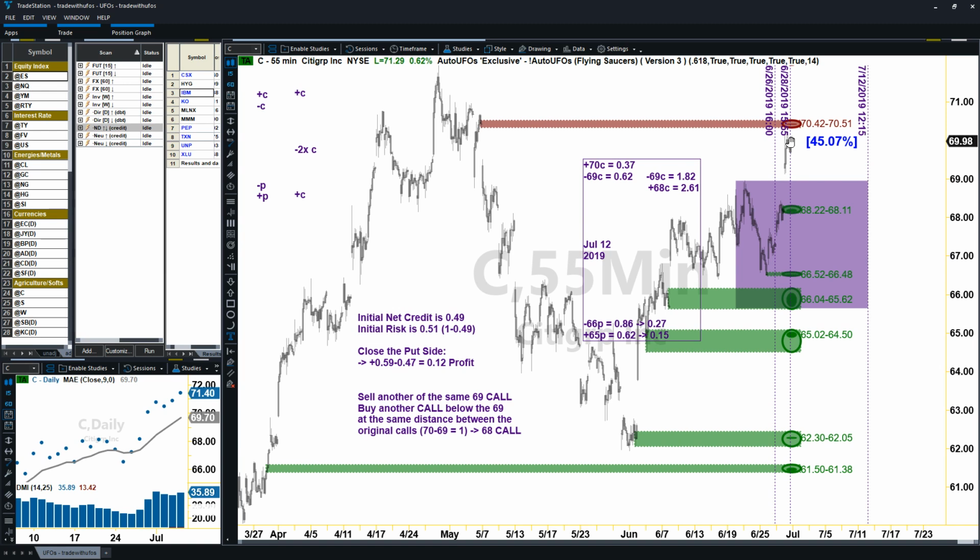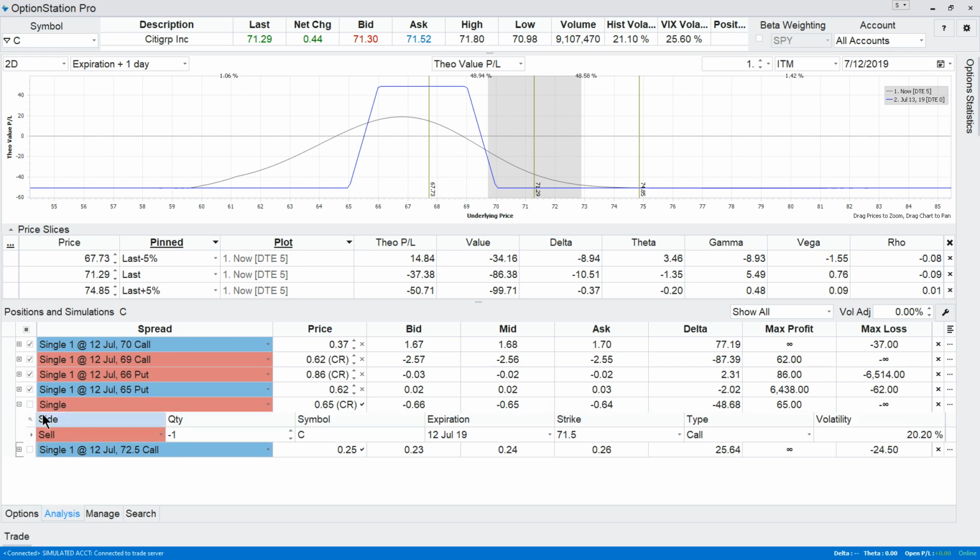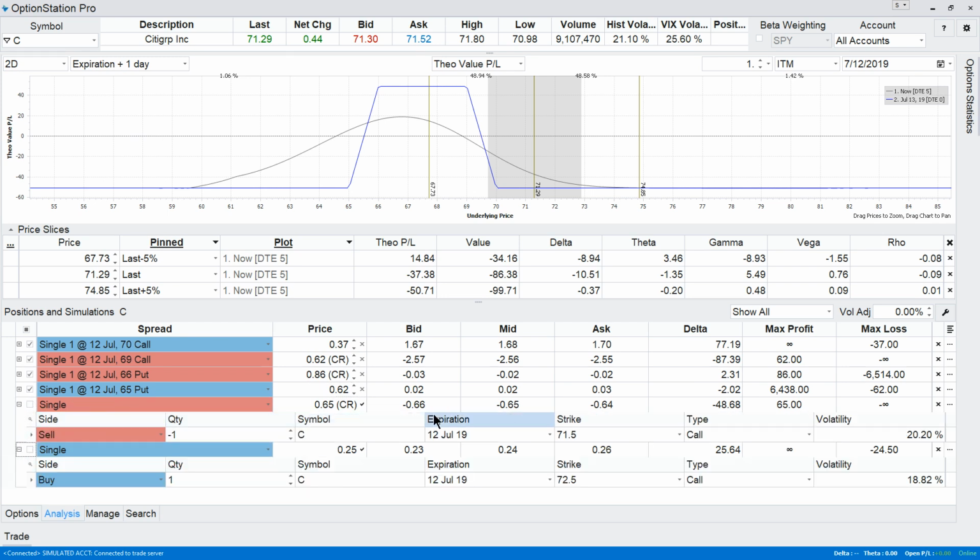Therefore we switch to damage control mode, and the damage control mode will imply to sell the 69 and buy the 68. So we are selling another of the 69 calls, and below we will be buying the 68.